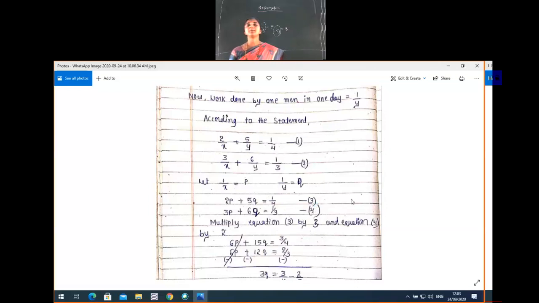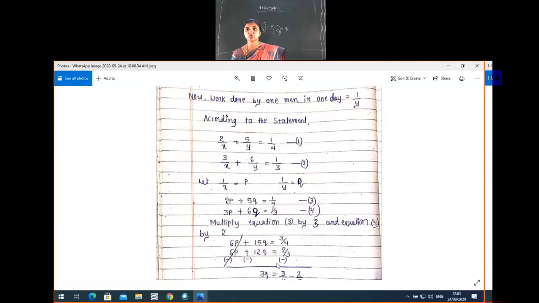Now we have to apply the elimination method to find the values of P and Q. I want to eliminate the P part, so we multiply equation 3 by 3 and equation 4 by 2. Then you get 6P plus 15Q equal to 3 by 4, and 6P plus 12Q equal to 2 by 3.